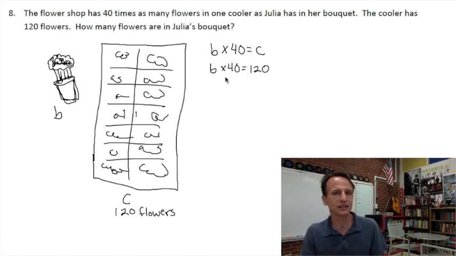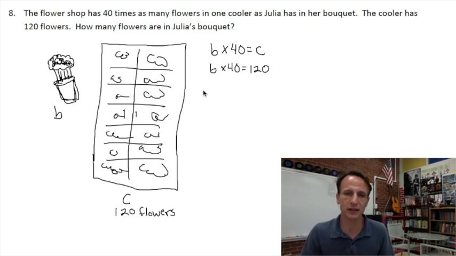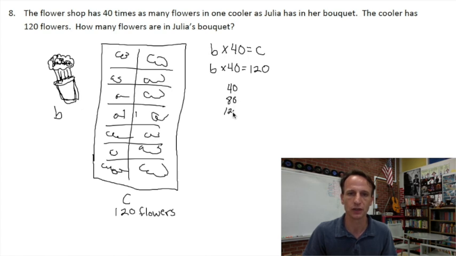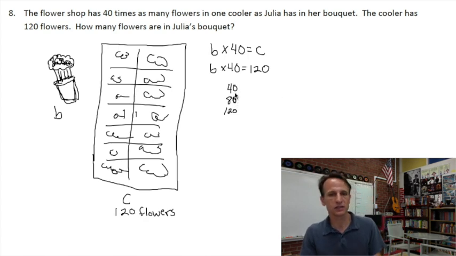Then we could look at this and say, what times 40 is 120? You could find that by skip counting by 40. In fact, if you can skip count by 4s, you can do it like this: 4, 8, 12, 40, 80, 120. So you see how you can find it here?